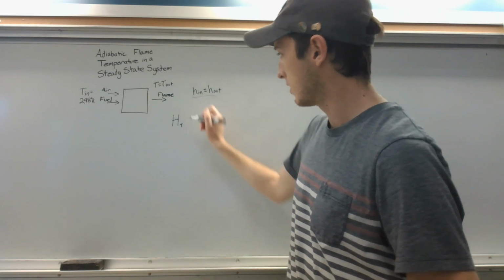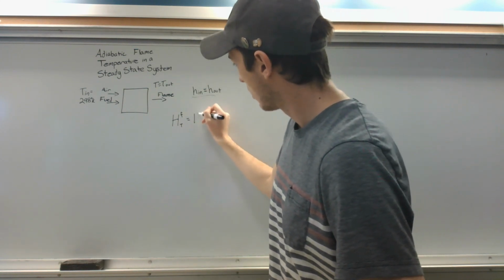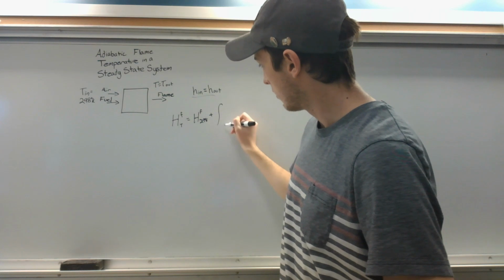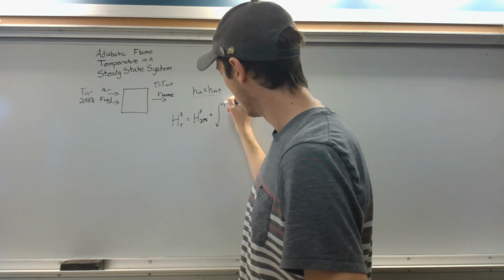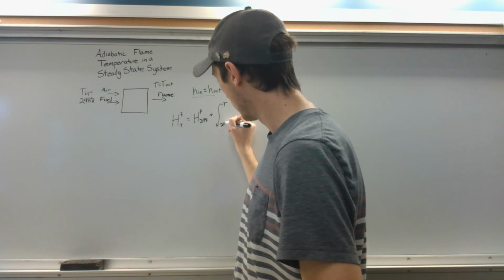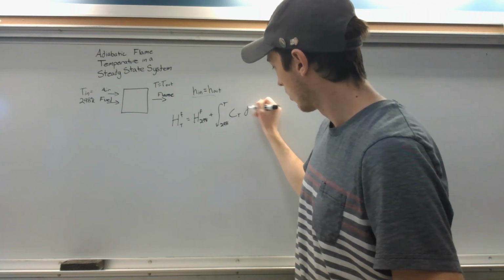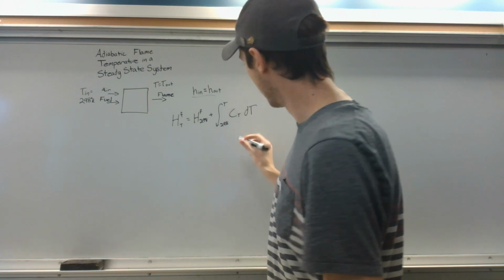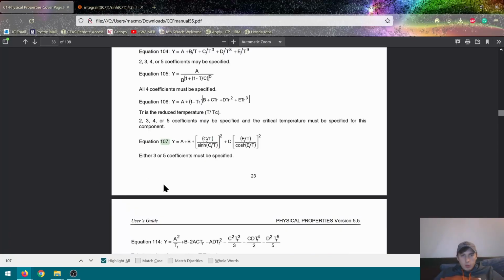Heat of formation of T is equal to the heat of formation at 298 plus the integral of our changing temperature, so we're going to go from 298 to T. And this will take into account our specific heat of T. This isn't very representative, so I'm just going to say this is due to the change in this final temperature. This is Cp.